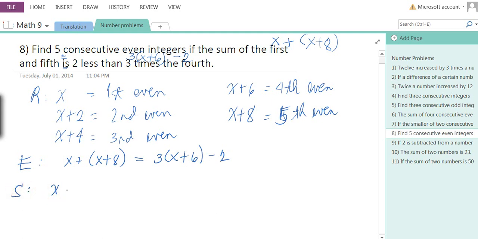So it can be written as x plus 8 is equal to, let's simplify this one, 3x plus 18 through the distributive property of multiplication, minus 2. So combining like terms, we have here x plus 8 and in this case 3x plus 16.